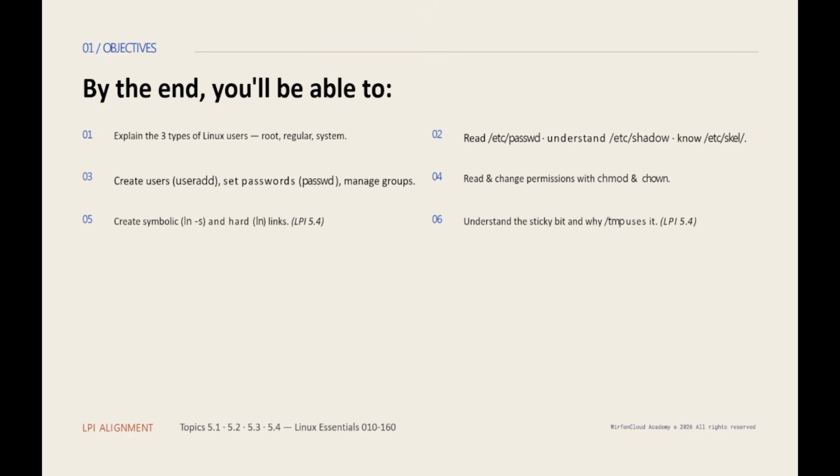You will also understand the sticky bit, what the t in the permissions column means, why /tmp has it, and how to set it. The objectives that cover the /etc/shadow file, symbolic and hard links, and the sticky bit are all relevant for the LPI exams as the certification tests them directly.